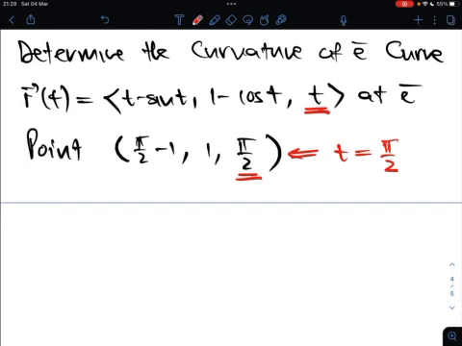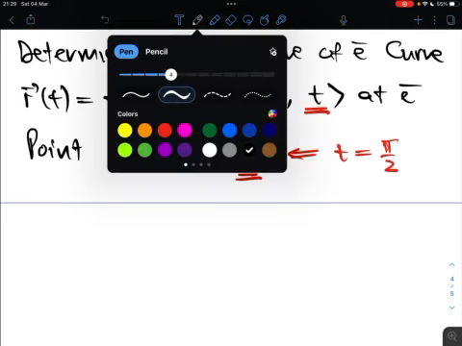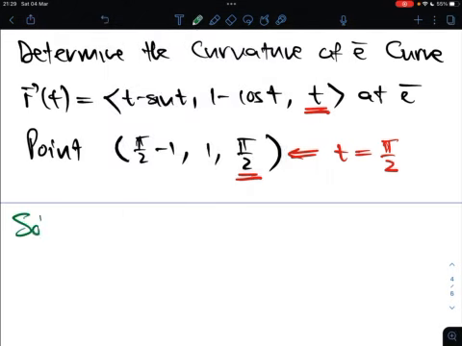So now what we want is to find the curvature of this curve at this particular point. So now we have to differentiate. How do we solve? What is r prime of t?